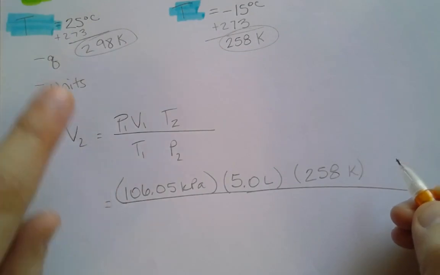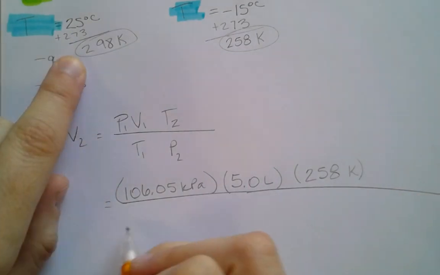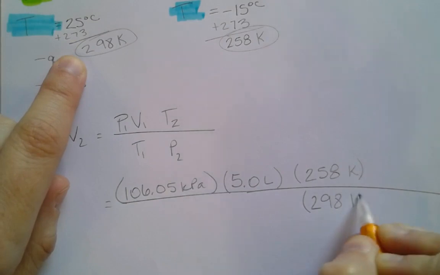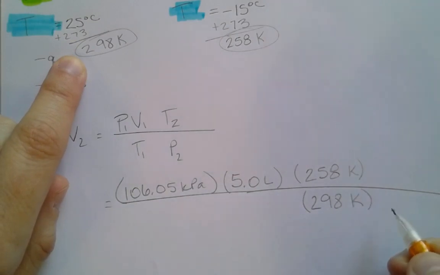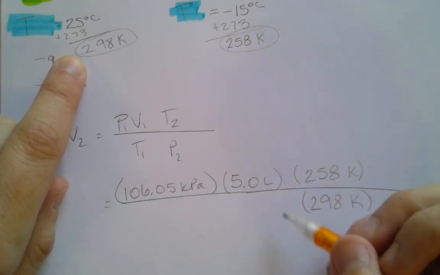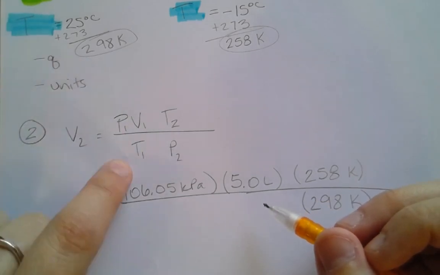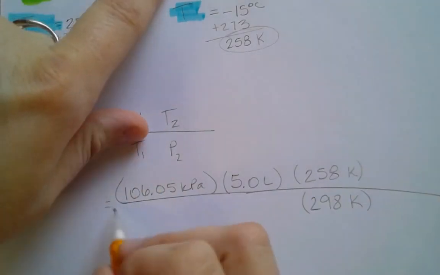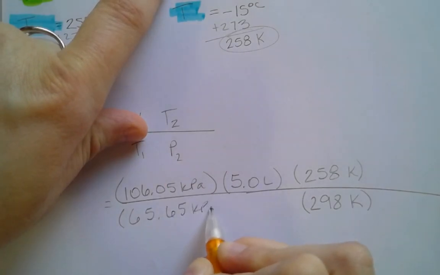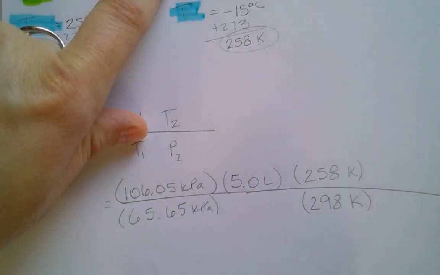Starting temperature, 298 Kelvin. I sometimes line these up so that my units are really obvious and can cancel really easily, and then I'm really clear on what I'm solving for. There's your starting temperature, your ending pressure, 65.65 kPa. Okay.